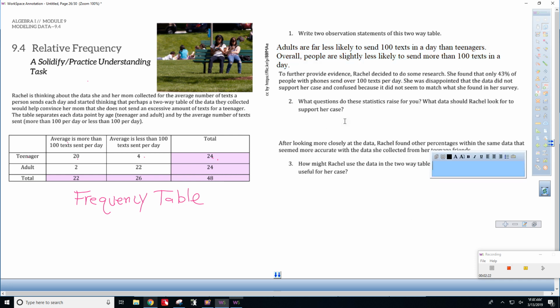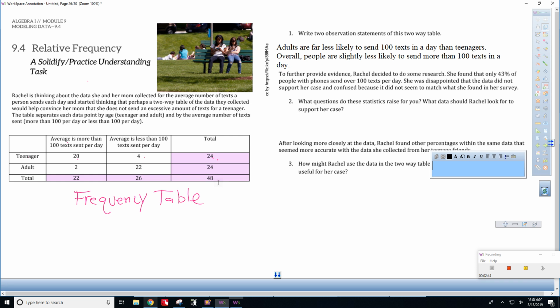Rachel decided to do some research. She found that only 43% of people with phones send over 100 texts per day. She was disappointed that the data did not support her case and confused because it did not seem to match what she had found in her survey. What questions do these statistics raise for you? So it seems like 22 out of 48.